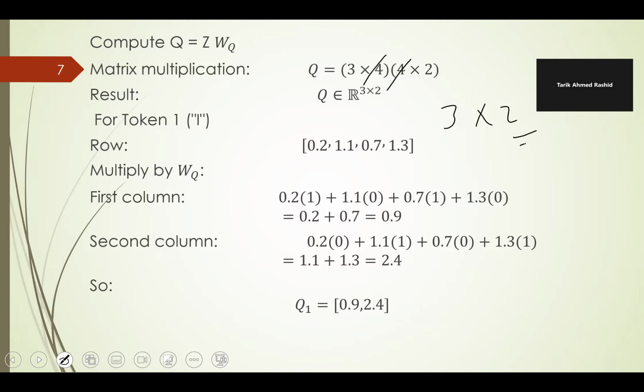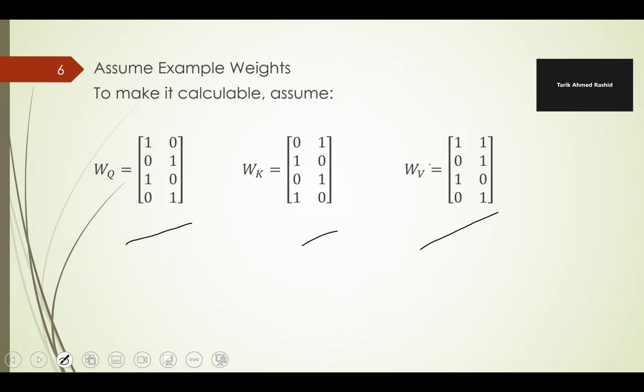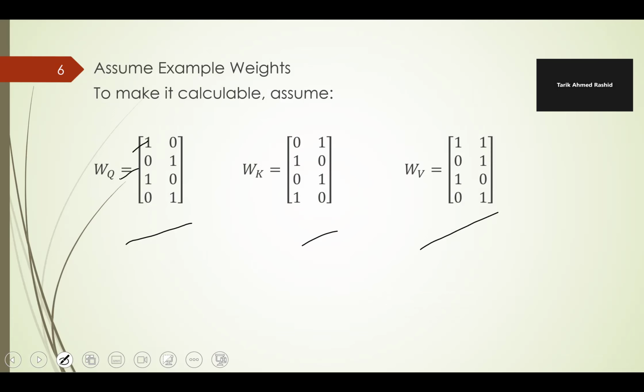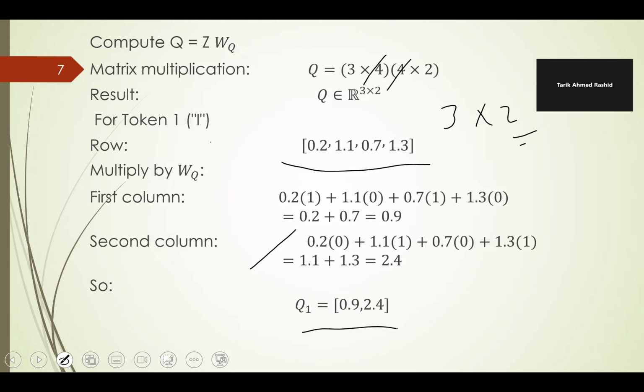So let's do it for token 1, I, which is the first row of the input multiplied by WQ. So 0.2 multiplied by 1, that's 0.2, and then 1.1 multiplied by 0, and so on and so forth. So for the first row, the Q was found to be 0.9, 2.4.